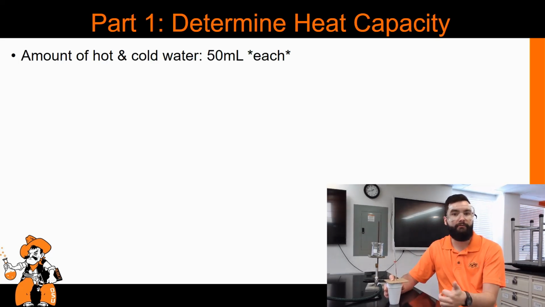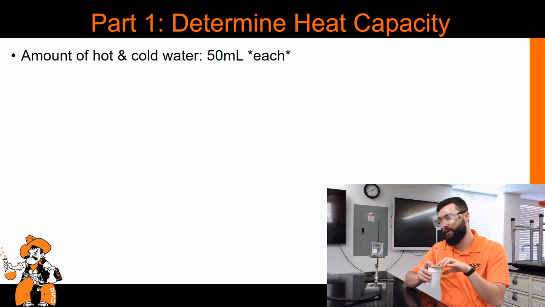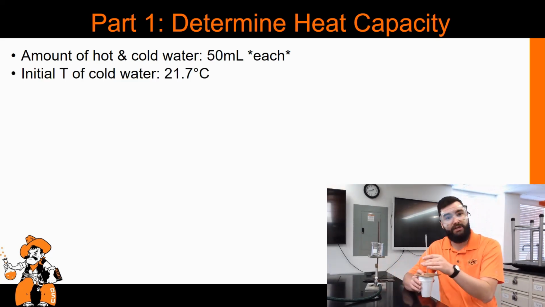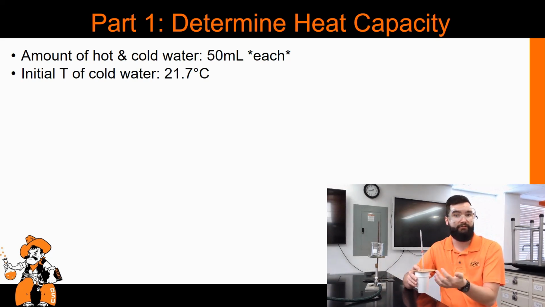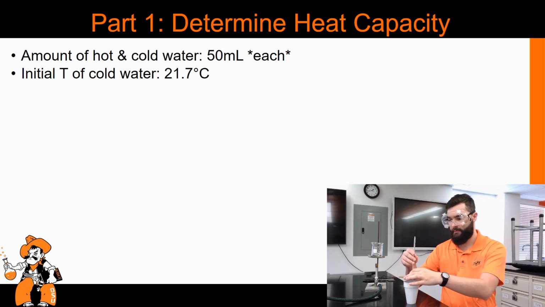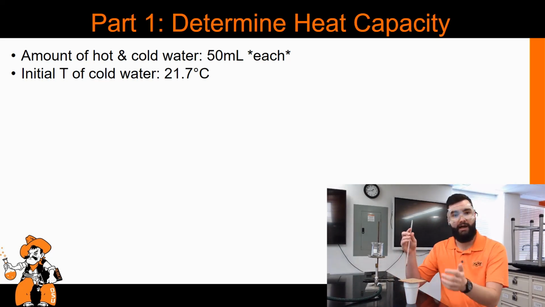Here I will have 50 mils of cold water inside the calorimeter, and I will add 50 milliliters of my hot water to it. My initial temperature of the cold water is 21.7 degrees Celsius, and now I will add my hot water to it.